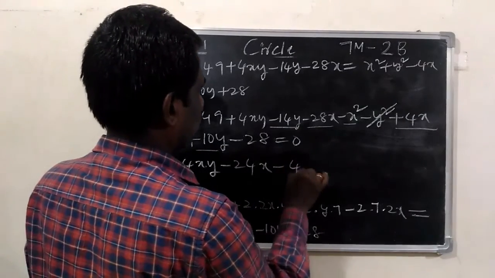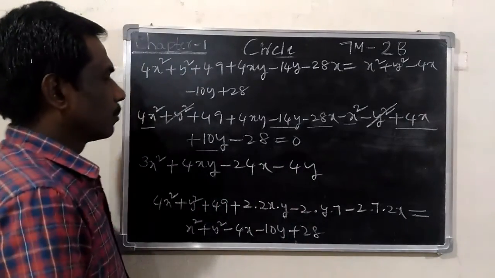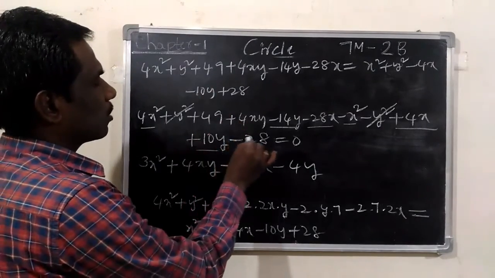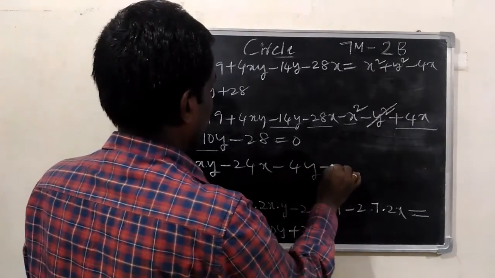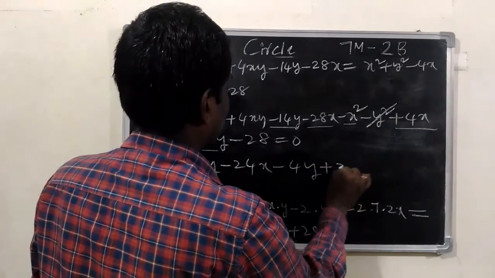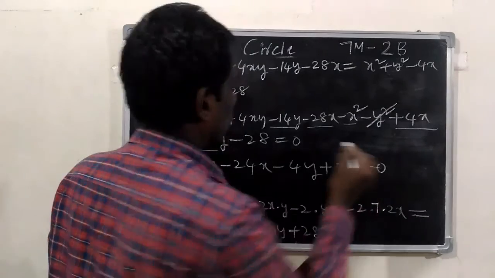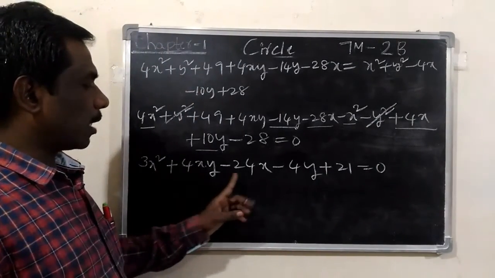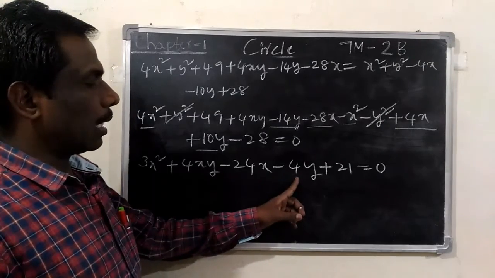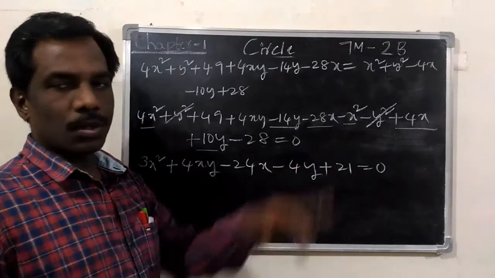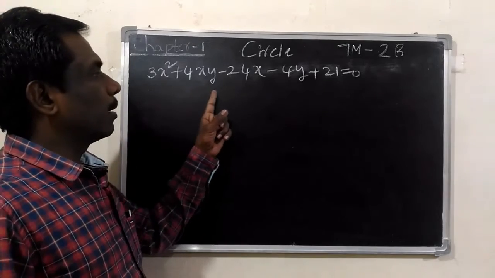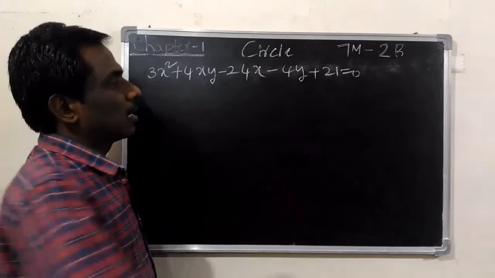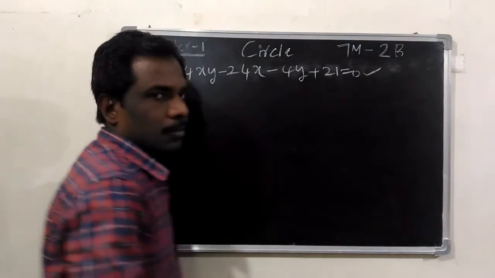It is minus 4y, and next the constant terms plus 49 minus 28 is plus 21 equal to 0. Now this 3x square plus 4xy minus 24x minus 4y plus 21 equal to 0 is the pair of equations.